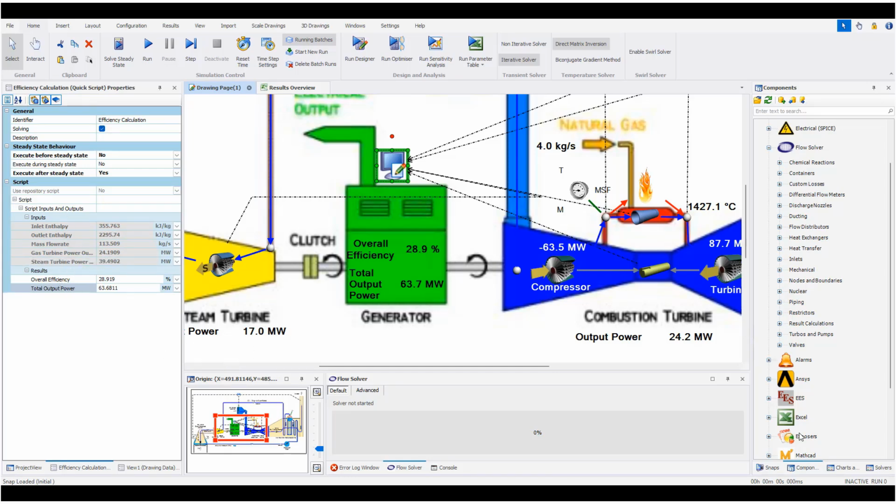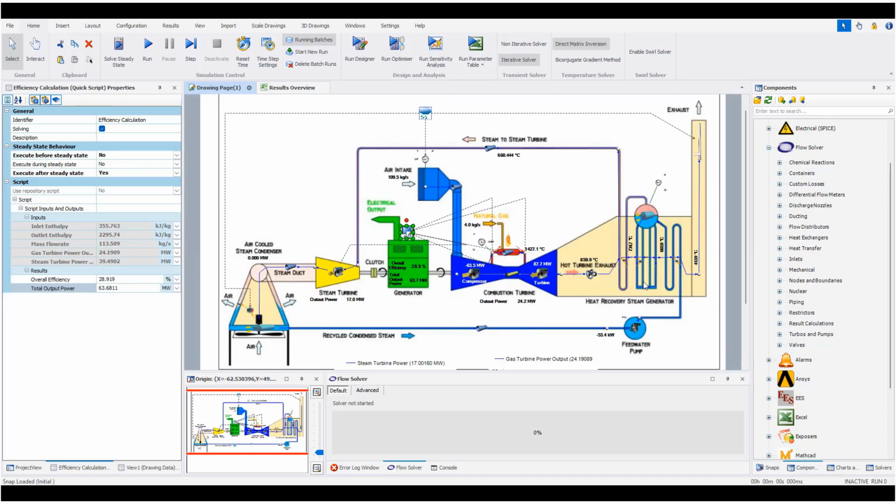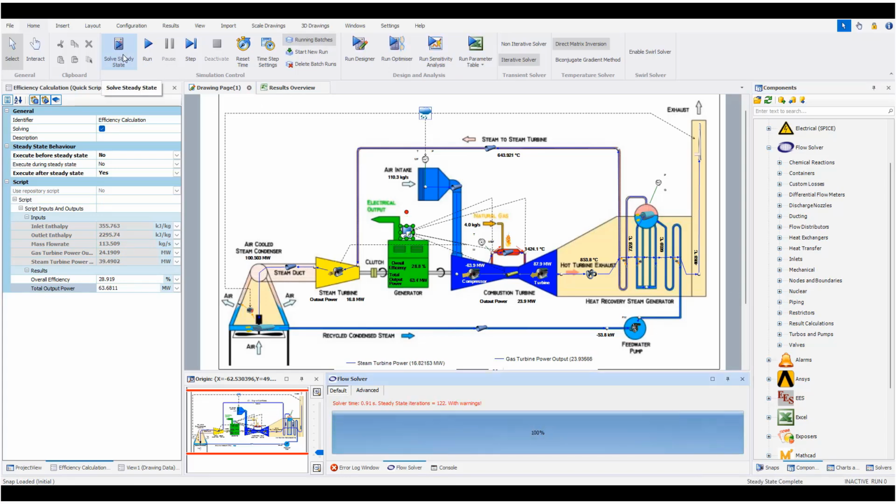So I already initialized this model. This model is provided by the Flownex team. So at first I am running this for a steady condition.